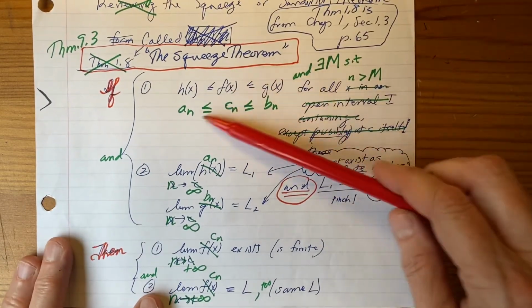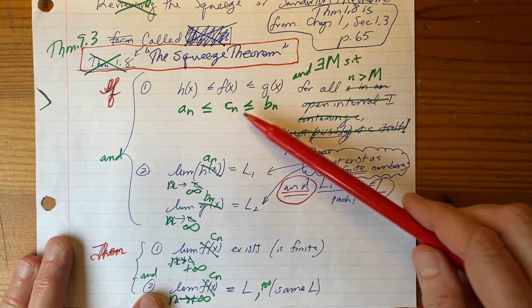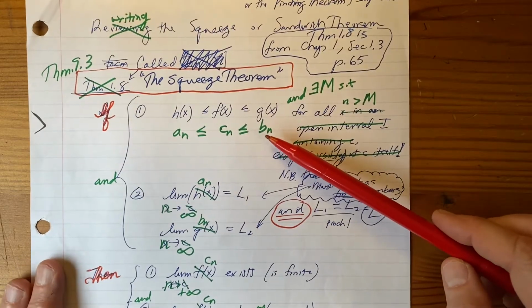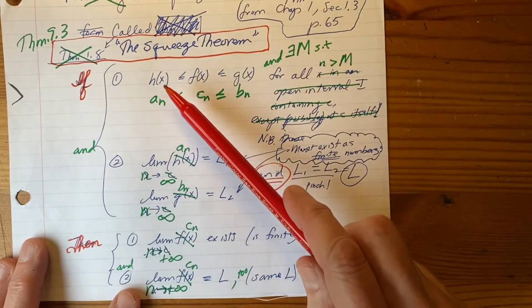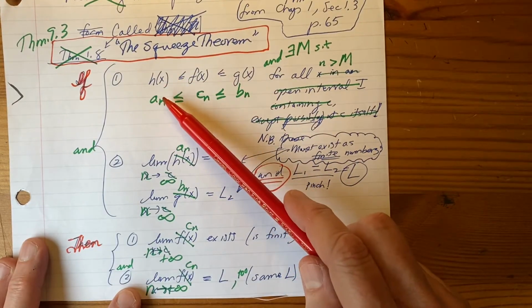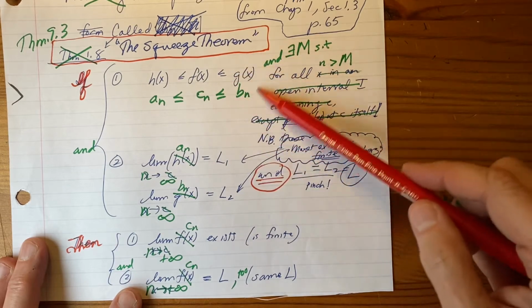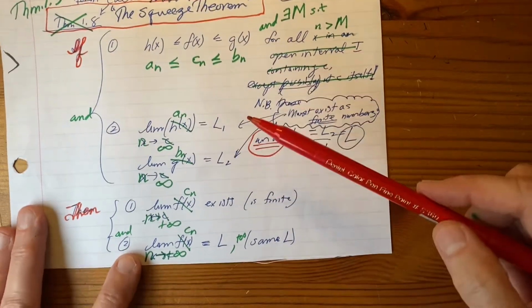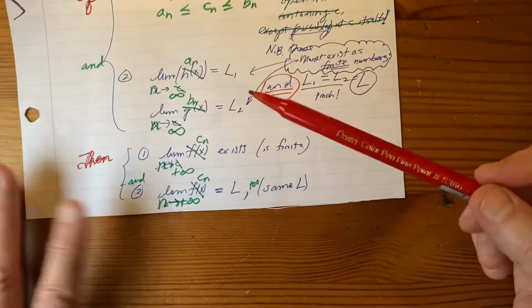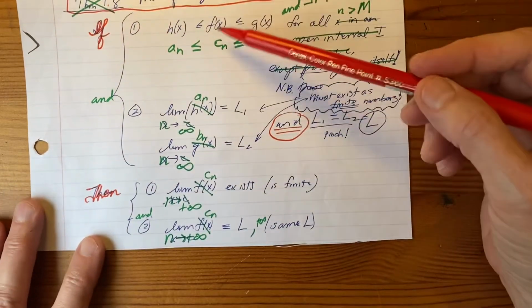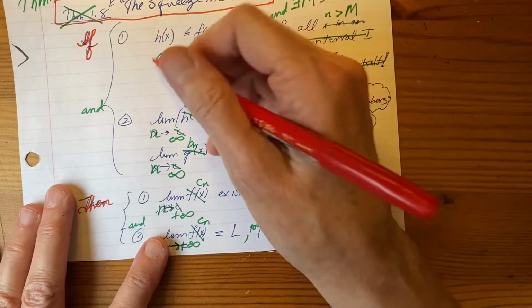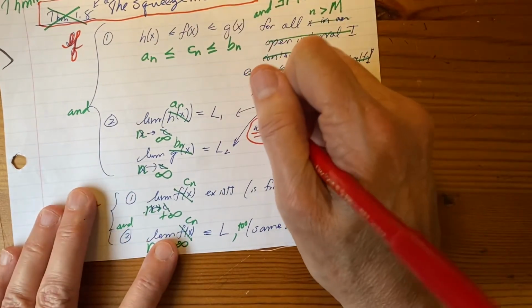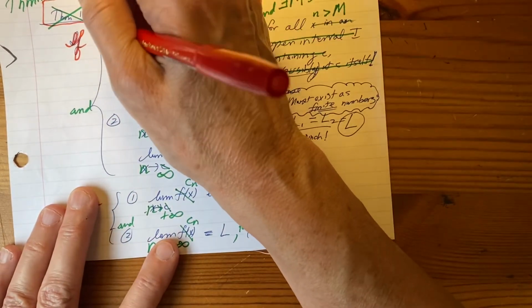So if we have 3 sequences that satisfy an inequality like this, and the limit of the lower one is L1, the limit of the upper one is L2 as n goes to infinity. Excuse me, I should say we have 3 conditions here.